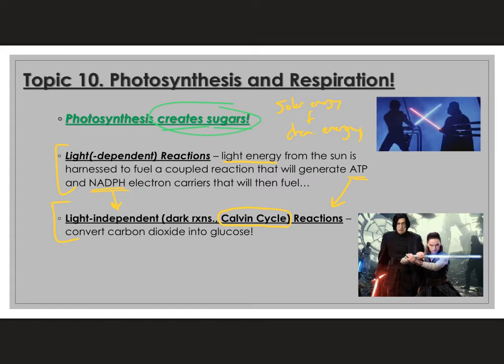Because these do not require darkness. These happen 24/7. As long as you have ATP and NADPH to power the light-independent reactions or the Calvin cycle, this can go at all times, and this is where we're going to convert carbon dioxide into sugar.